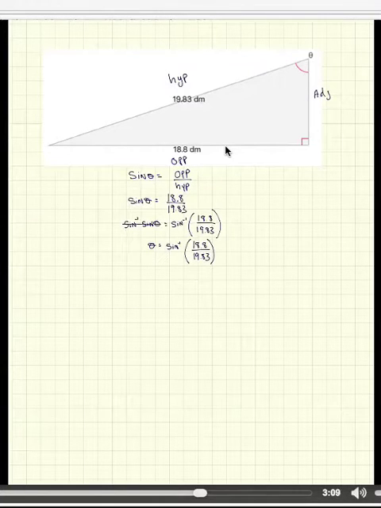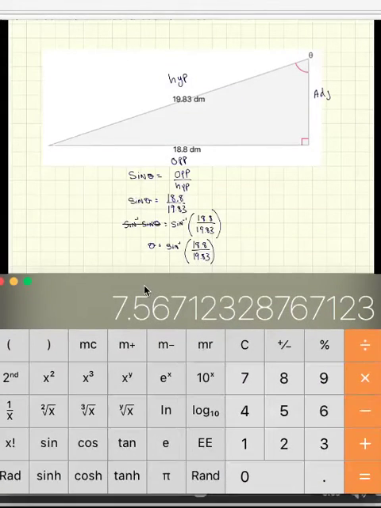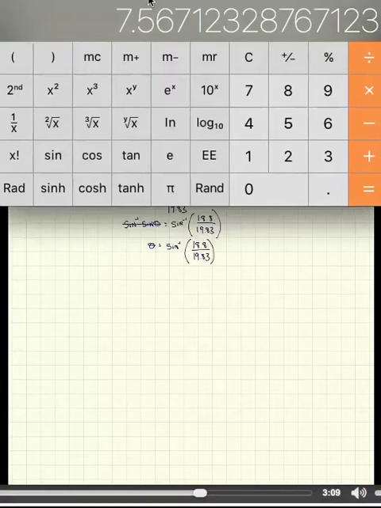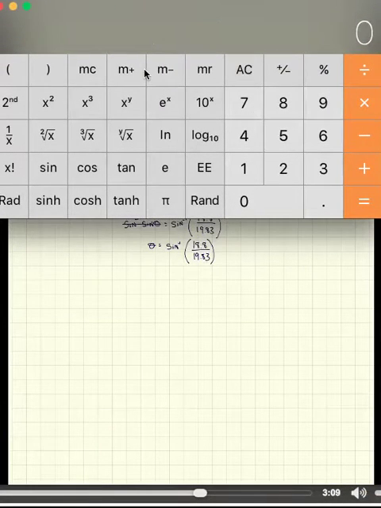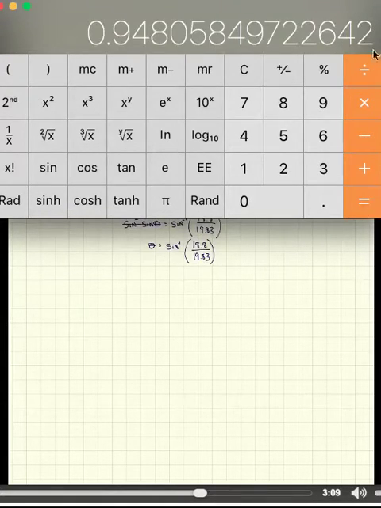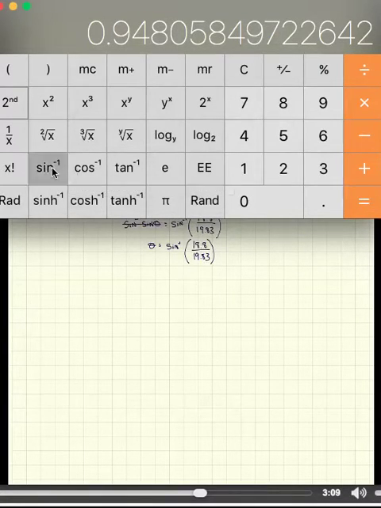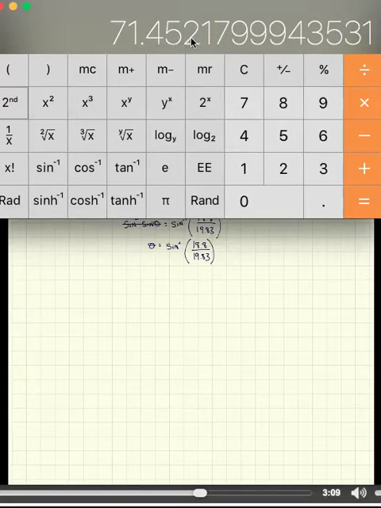All right, so it's handy dandy calculator time. 18.8 divided by 19.83 equals, and then I take the inverse sine. So second, sine of -1, click on that. So it's 71.4522 degrees.